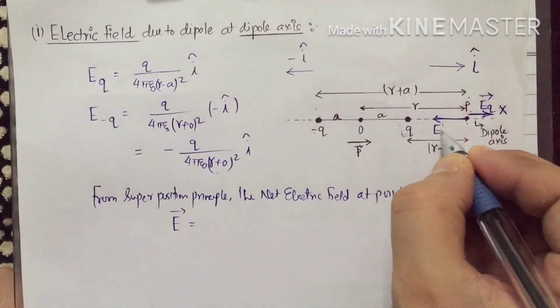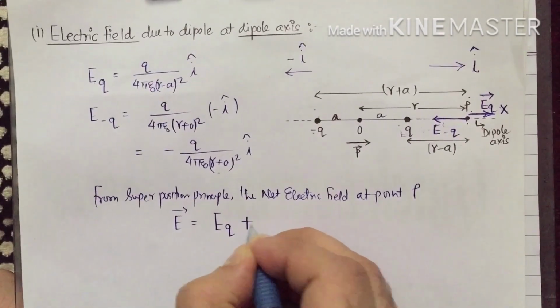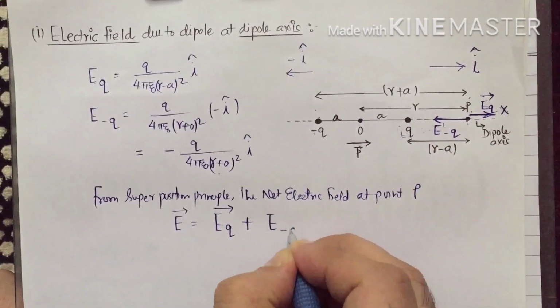This is the electric field due to negative charge. So we have electric field due to positive charge plus electric field due to negative charge.